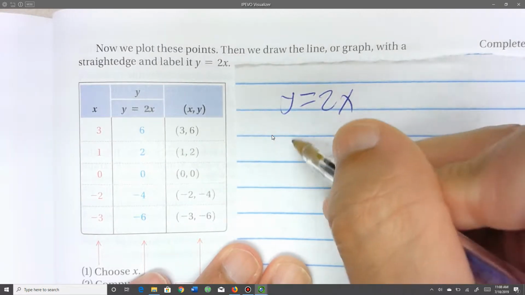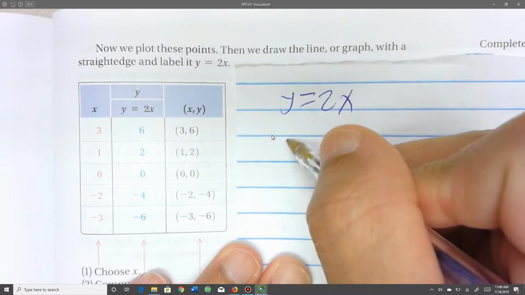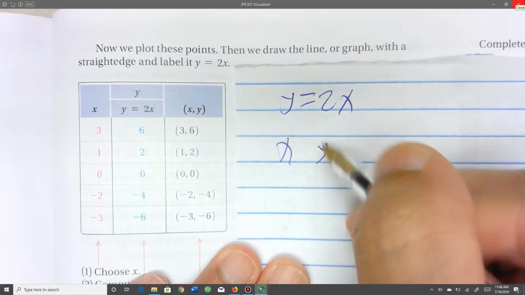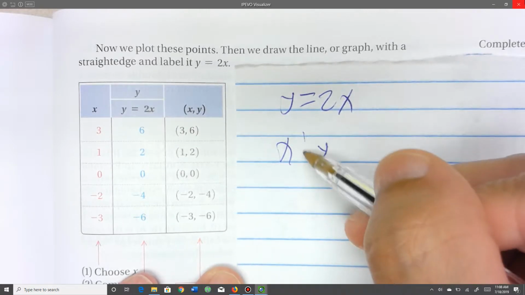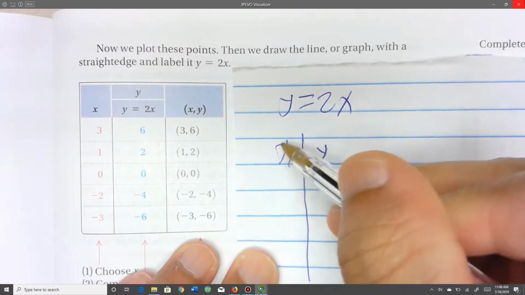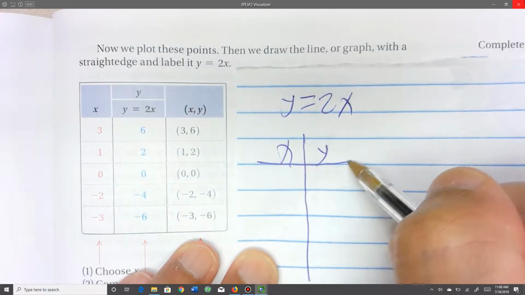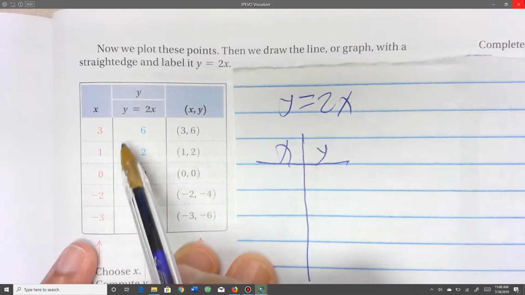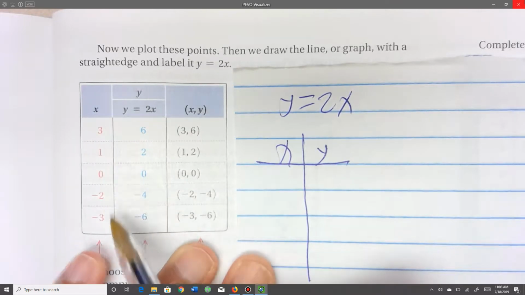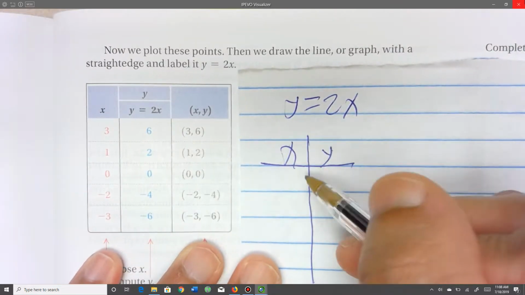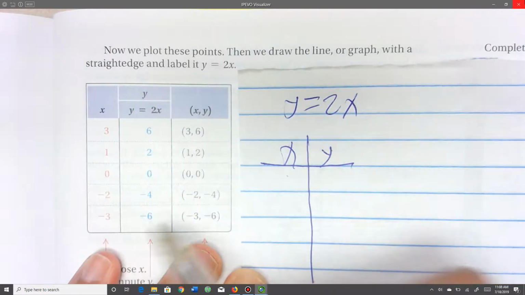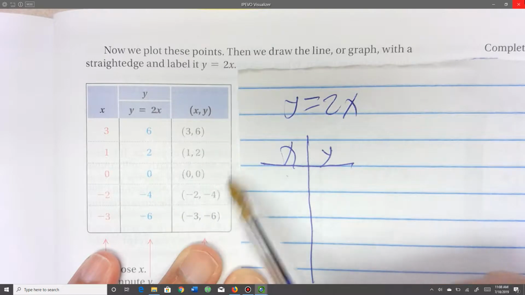You're just showing your x and y values, and then draw a table that looks like that. See, we could have written all these points here without having to draw a table that looks like that, okay?